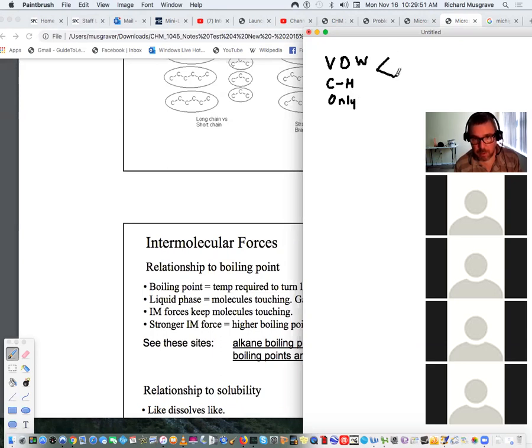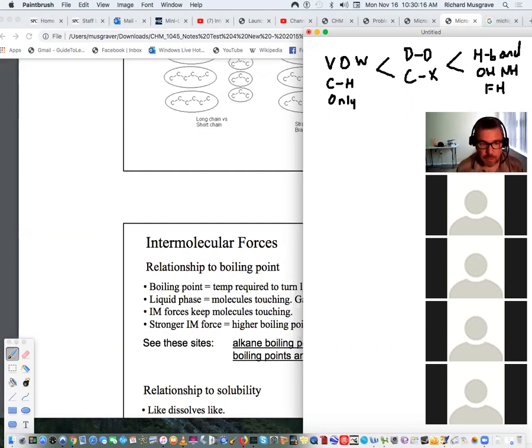And these forces are less than dipole-dipole, which is C-X. And then that's less than hydrogen bonding, which is O-H, N-H, and F-H specifically. So that's what we need to be aware of.